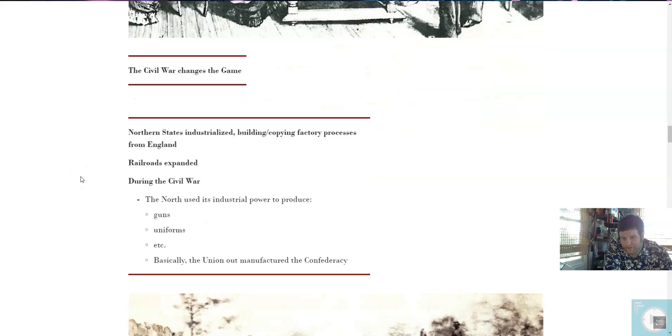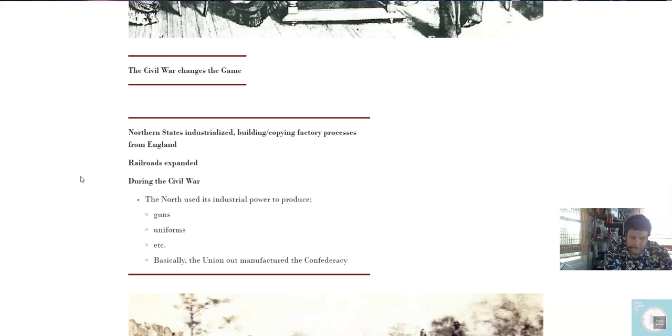The Civil War is what changes the game. In the Civil War, or the war between the states, the North showed that the industrial-powered nations have more money to spend, more resources to make, and more opportunities to win wars. The Union Army in the war between the states basically outproduced the South in almost every regard.